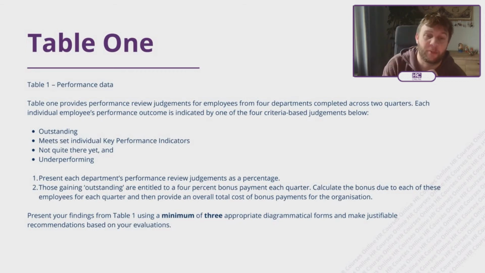Present each department's performance review judgments as a percentage. Those gaining outstanding are entitled to a 4% bonus payment each year. Calculate the bonus due for each of the employees for the quarter, and then provide an overall total cost for the bonus payments for the organization. Present your findings from table 1 using a minimum of 3 appropriate diagram forms.